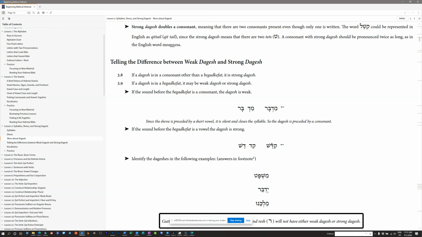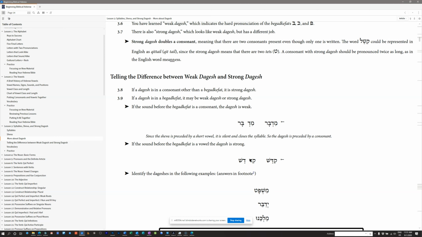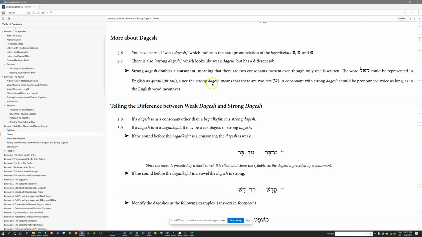All right. Now, if you're following his recommendation here, that keep tail is actually two tets, and you would write it out in English as TT, and you ask what sound precedes the dagesh, well, you'd split that here and you'd say, well, it's the T sound. Remember, it's what sound precedes the letter holding the dagesh.